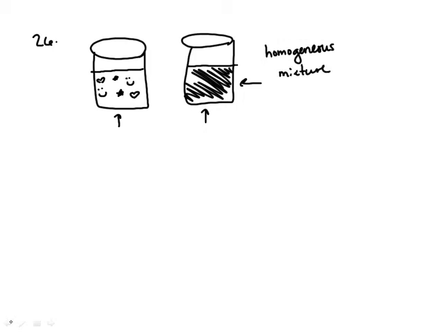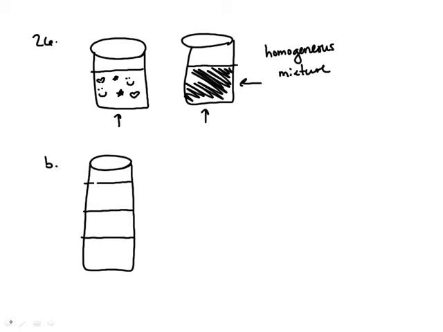All right, 26B. One substance present, three phases present. So this time, let's make this long and skinny. I have three phases present. In one phase, I have red hearts.